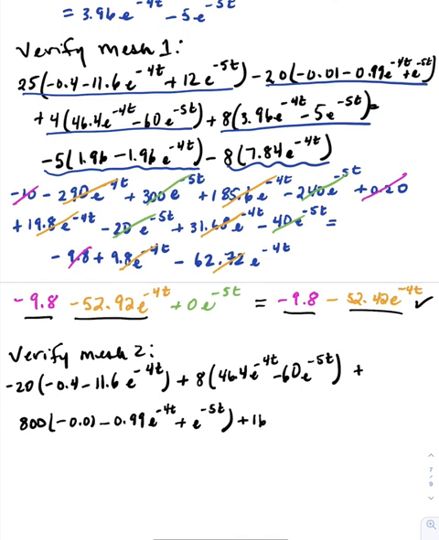Plus 16 times 3.96 e to the minus 4t minus 5 e to the minus 5t. And we said that that is equal to minus 16 times the derivative of I sub g over dt, which is 7.84 e to the minus 4t.